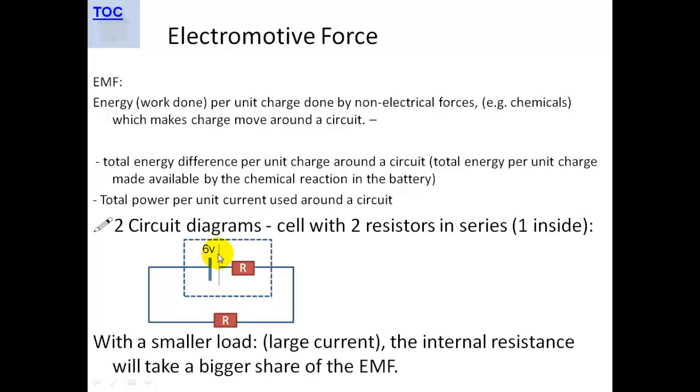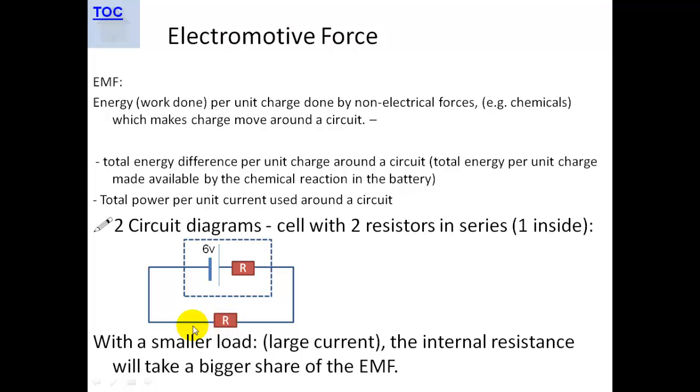Now this battery is able to supply 6 volts. However, some of the potential difference will be lost inside the battery, and some will be lost outside. These resistances are the same, so half the voltage will be lost inside and half outside.